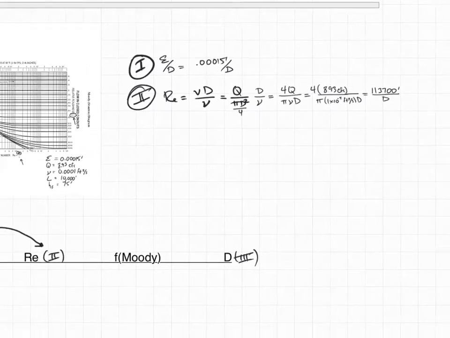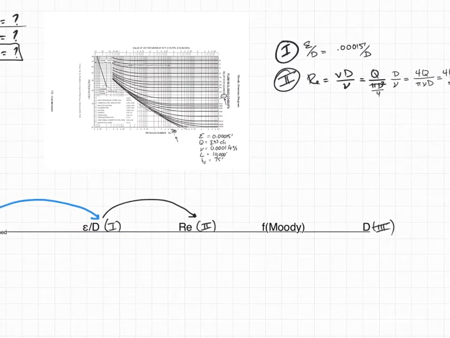So now we've got equation 2. Equation 3 is to use the Moody diagram, so we've got that ready to roll.